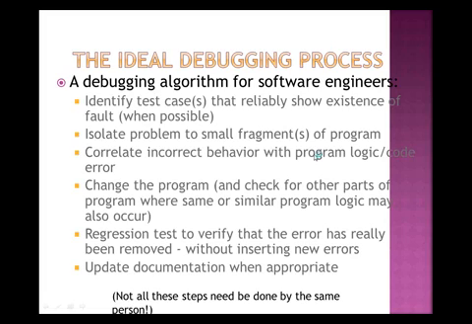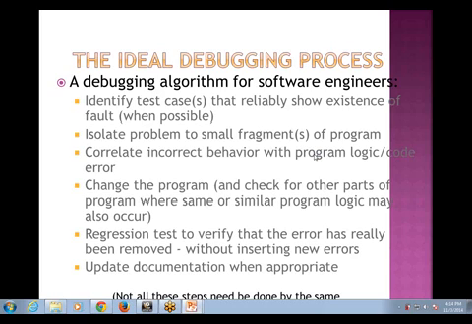A debugging algorithm identifies the test cases that reliably show the existence of faults. Debugging also allows us to isolate the problem to a small fragment of the program.